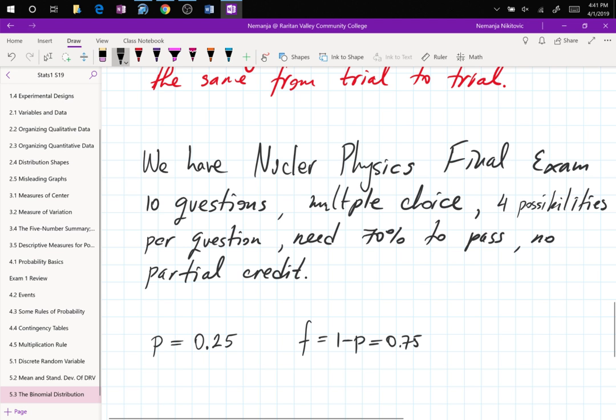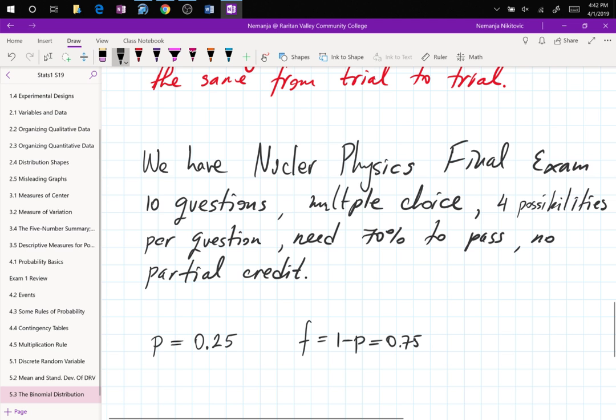We can now calculate a whole bunch of stuff with this, but we would like to see what is the probability that you are going to pass the test with exactly 70%. That means that you have to guess correctly 7 and miss 3, for a total of 10, because you answered all the questions. Now, you need 70% to pass, but remember, you also pass if you hit 80, 90 or 100.